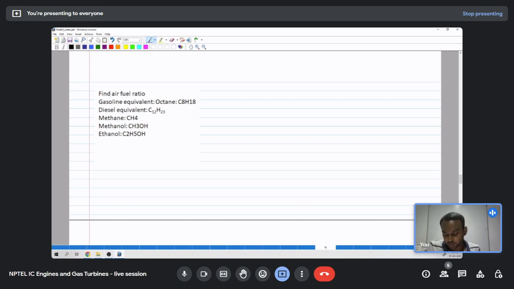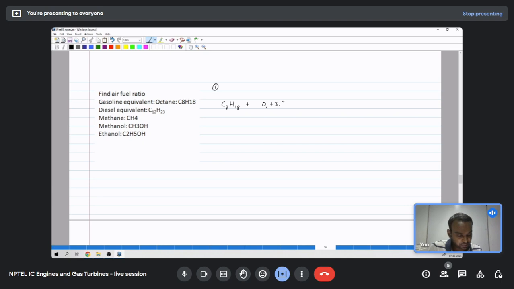Now I have a few problems where we shall find the air fuel ratio of the different fuels. So first we have gasoline equivalent, which is octane, and this has a molecular formula of C8H18. Now to write the chemical equation, we have fuel plus air going in.